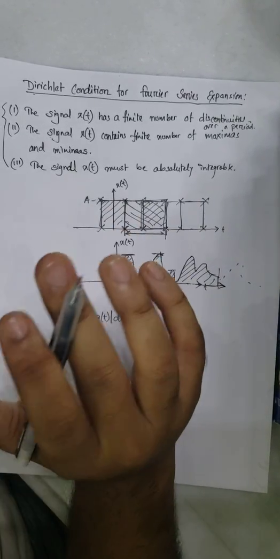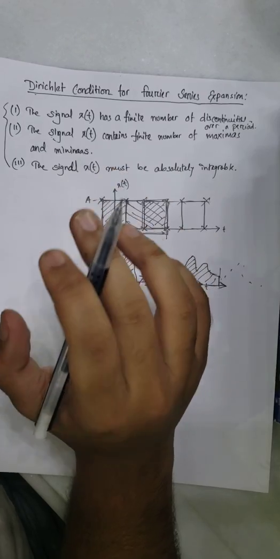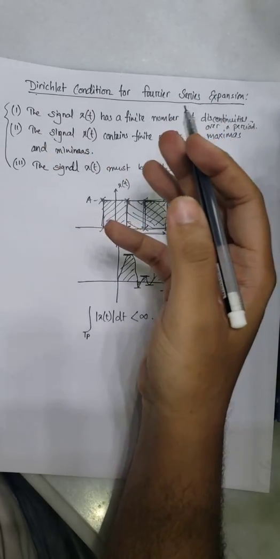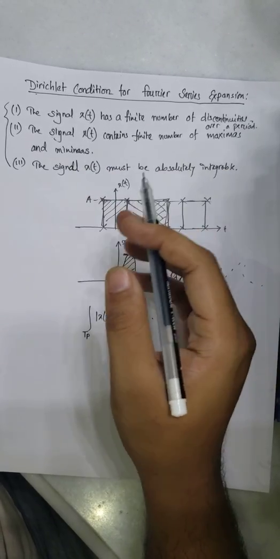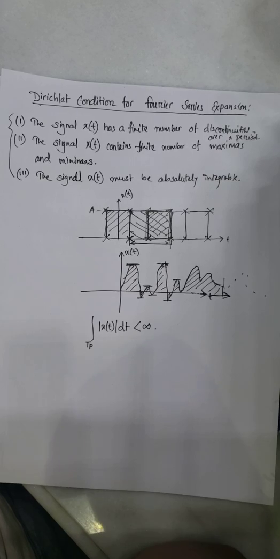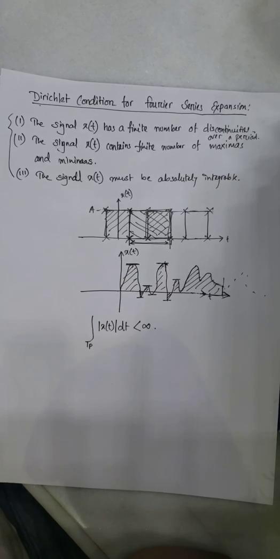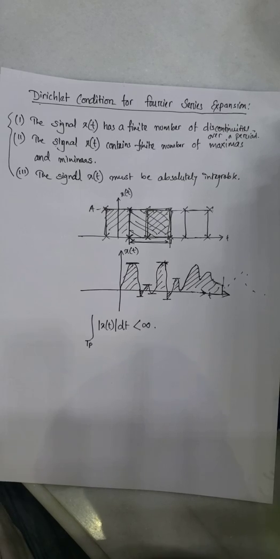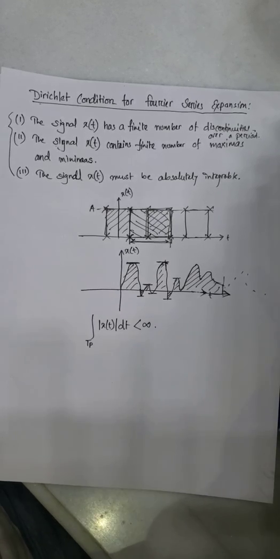A signal might have a Fourier series expansion even if it does not follow any of the Dirichlet conditions or partially follows them. Which means that the Dirichlet conditions are sufficient conditions, not necessary conditions. Which essentially means that any signal which does not follow the above conditions might also have a Fourier series expansion.